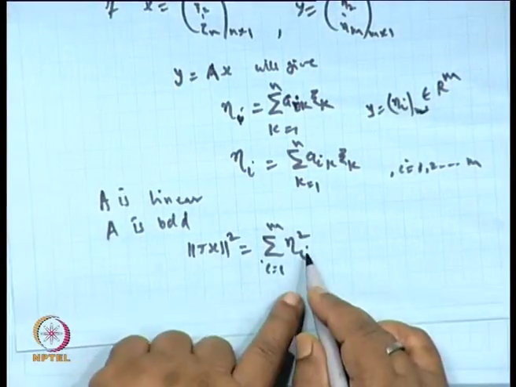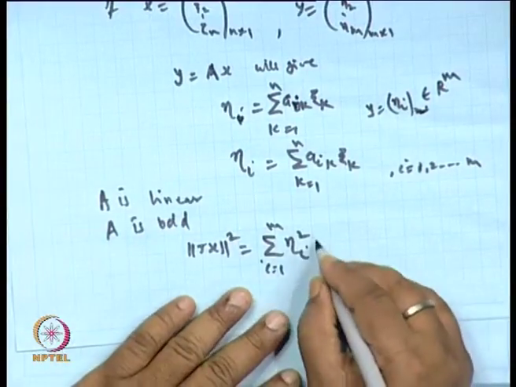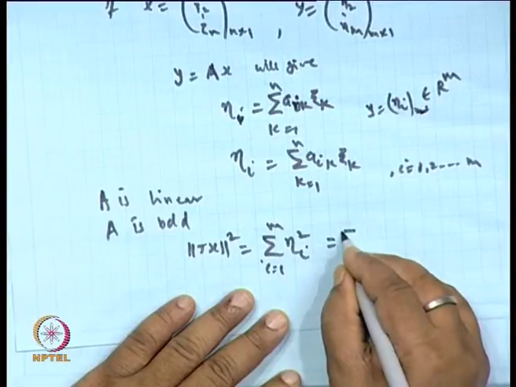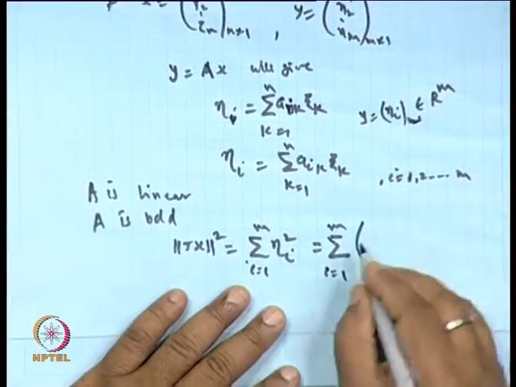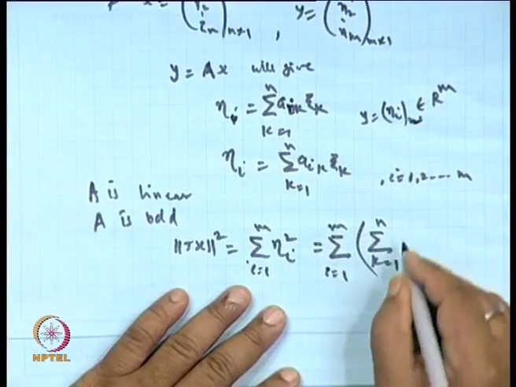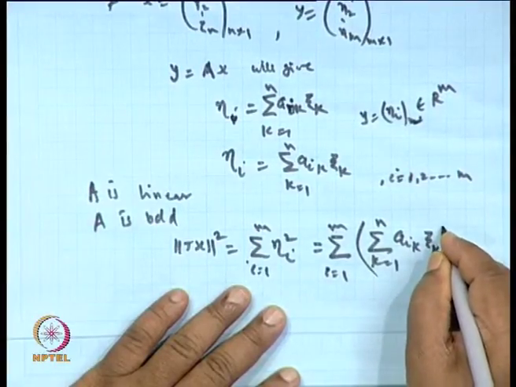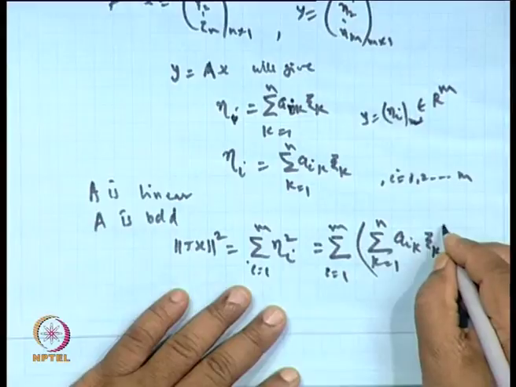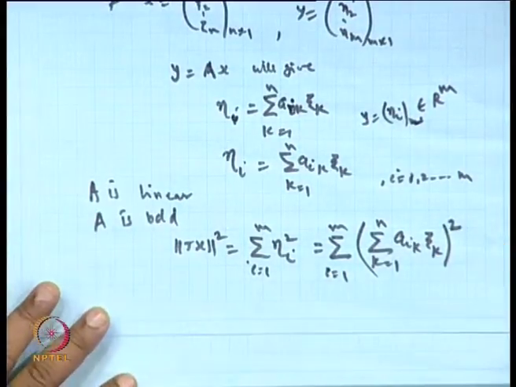The norm is defined in this fashion, raised to the power half. So, we are getting the sum over i equal to 1 to m of the square of the sum over k equal to 1 to n of a_ik xi_k.